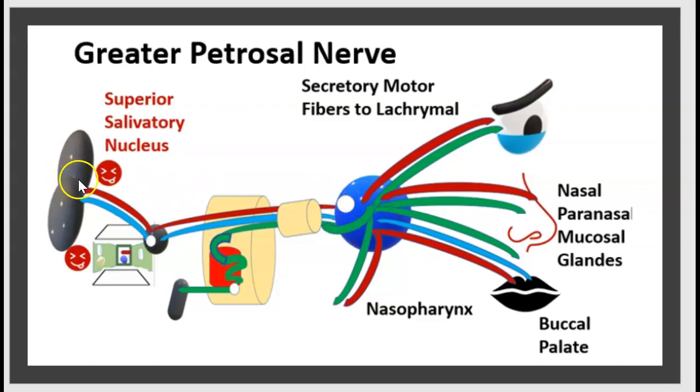Fibers coming from the superior salivatory nucleus to the geniculate ganglion do not synapse in the geniculate ganglion. They go to the pterygopalatine ganglion to synapse there, giving secretory motor fibers, preganglionic parasympathetic fibers to the lacrimal gland, nasal, paranasal mucosal glands, and to the buccal and nasopharynx.